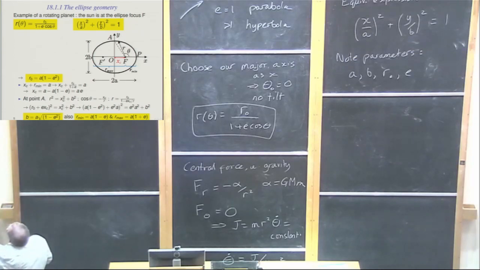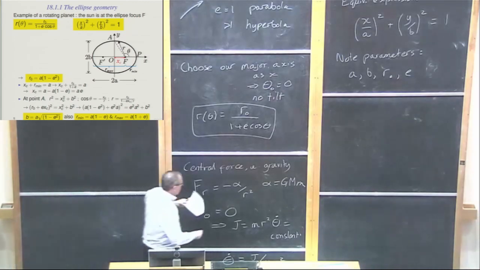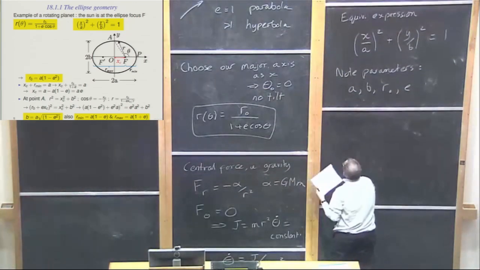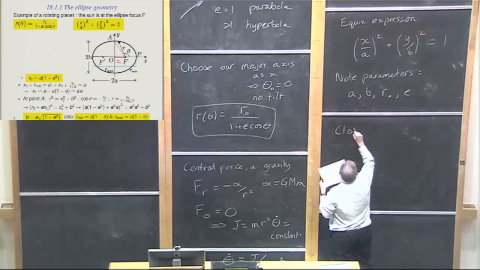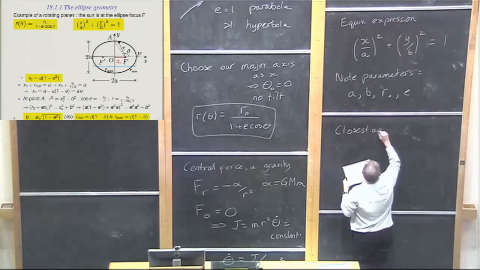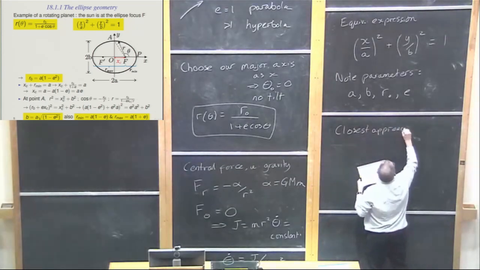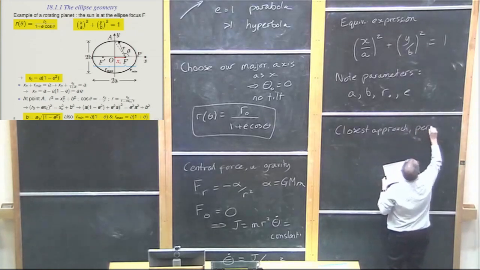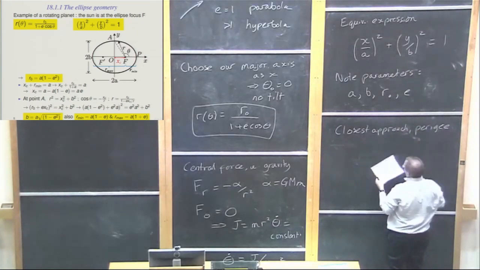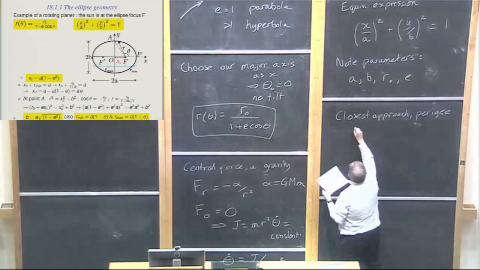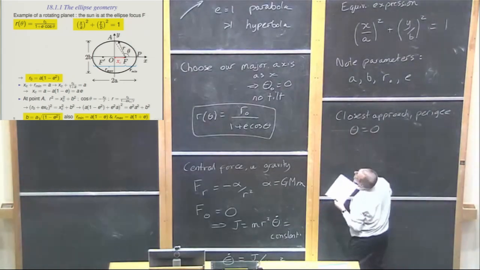Now, as it's going around this orbit, it clearly has a point when it's closest to this focus and a point when it's furthest away. This we call the perigee, and this we call the apogee. The closest approach, which is the perigee, is when theta is equal to 0.